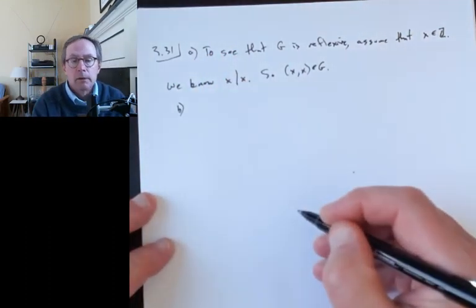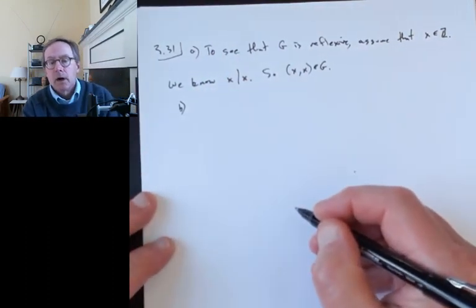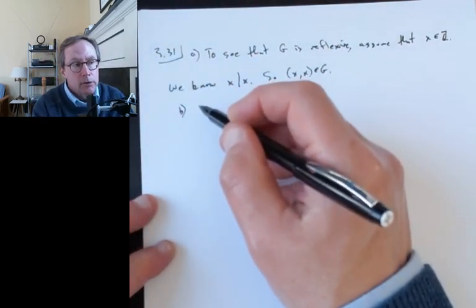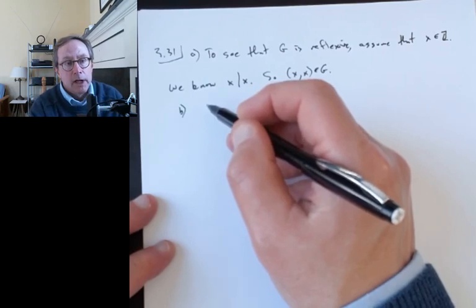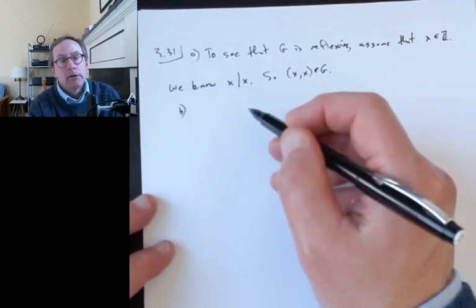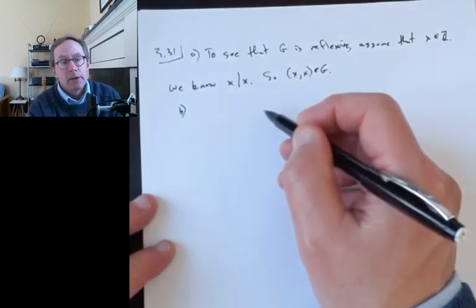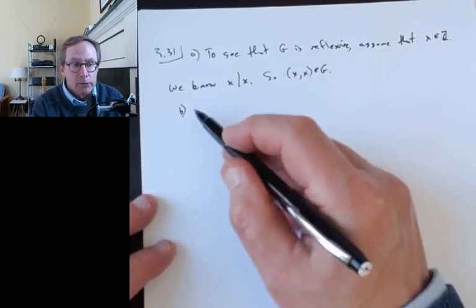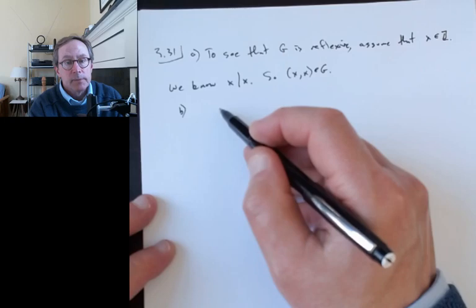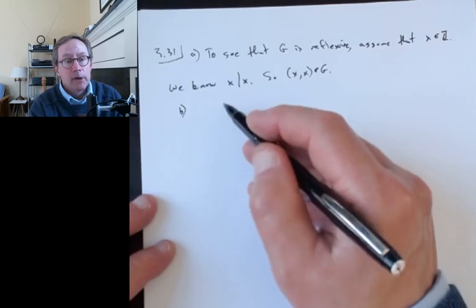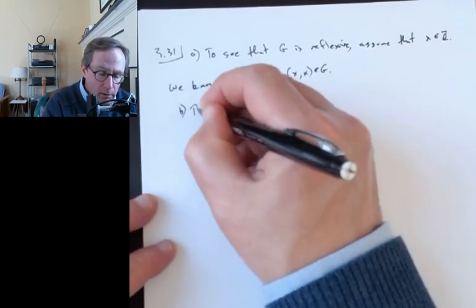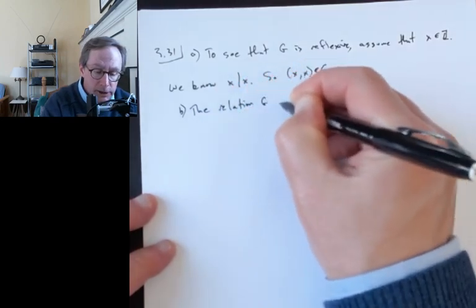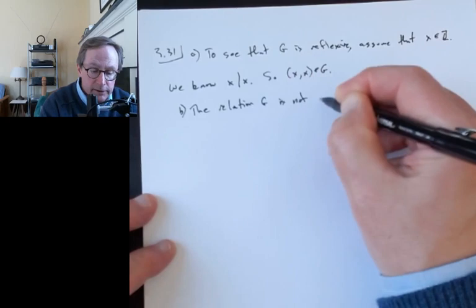B, to be symmetric. Assume that a comma b is an element of G. Is it the case that b comma a is an element of G? And I think the answer is no. For example, 2 comma 4 is an element of G because 2 divides 4, but not the other way around. The relation G is not reflexive.